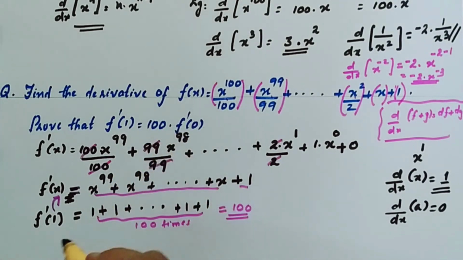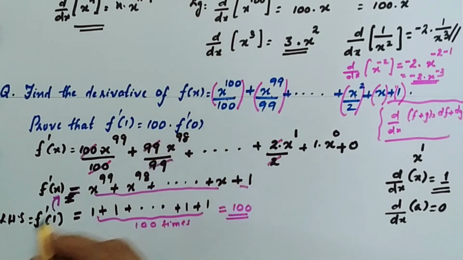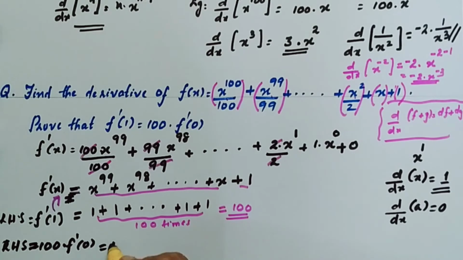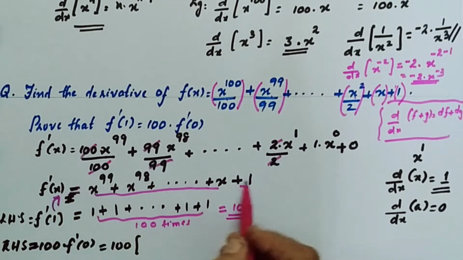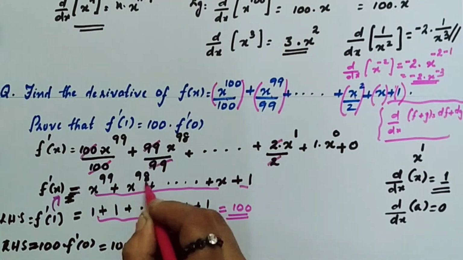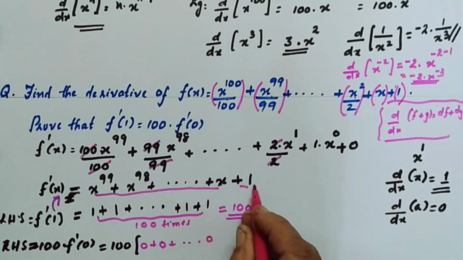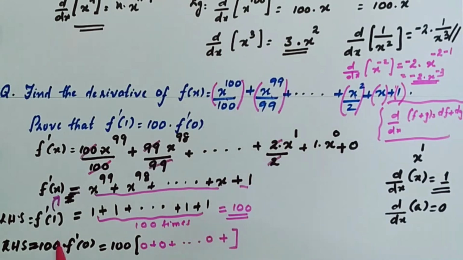This is the LHS, f dash 1. Now I am going to find the RHS. RHS is 100 into f dash 0. 100 into f dash 0 equals 100 into, what is f dash 0? f dash x is this one. f dash 0 means 0 raised to 99, that is 0, plus 0 raised to 98, 0, plus etc. plus 0, plus the last term is 1. f dash 0 means replace all the x with 0.